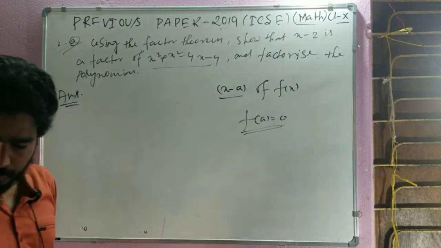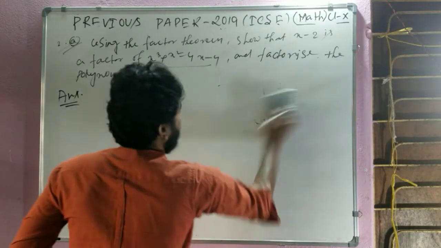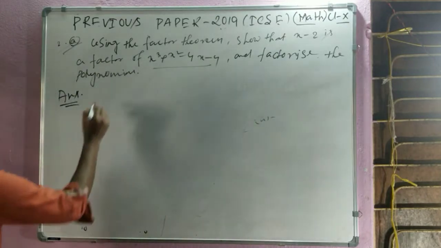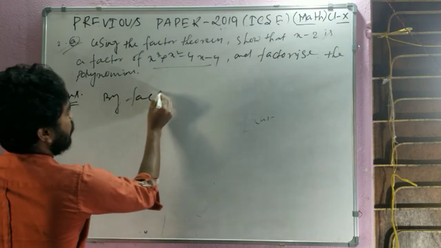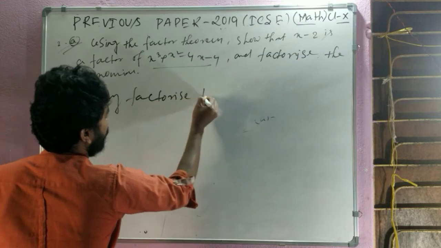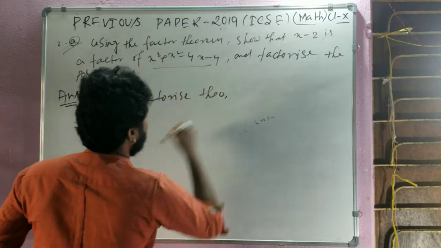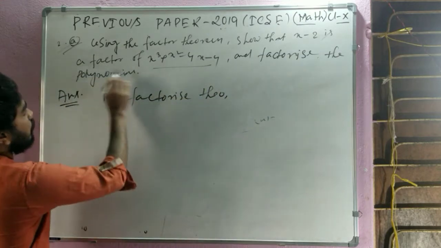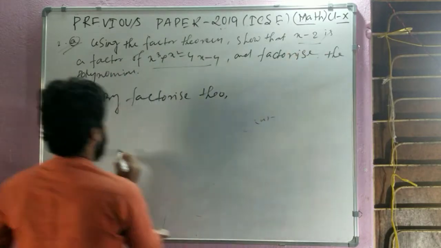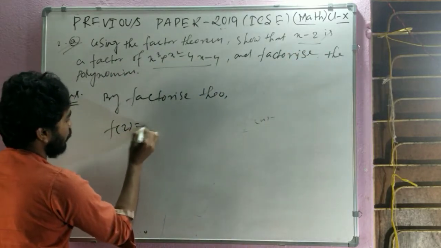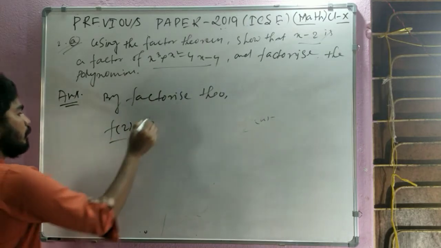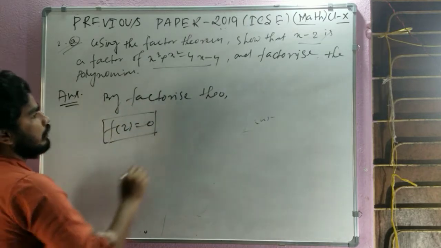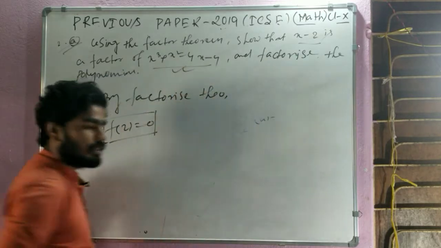So by the factor theorem, x minus 2 is a factor if f of 2 equals 0. We prove that f of 2 equals 0, then x minus 2 is a factor.